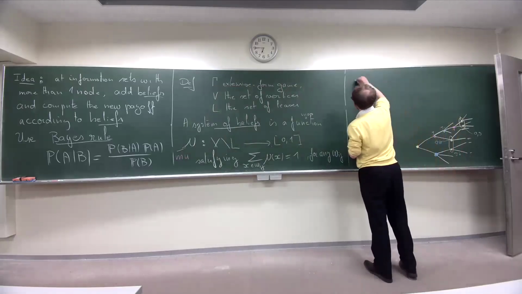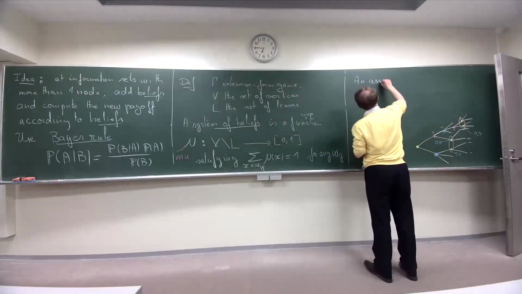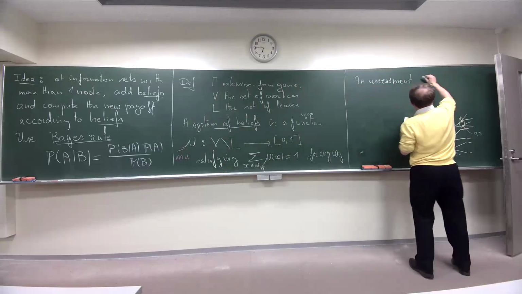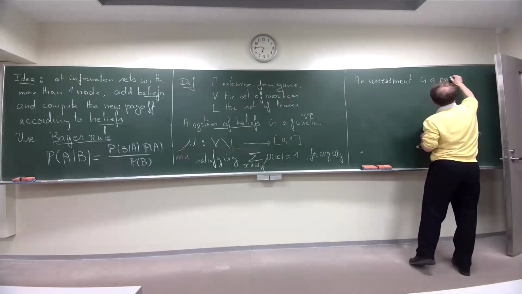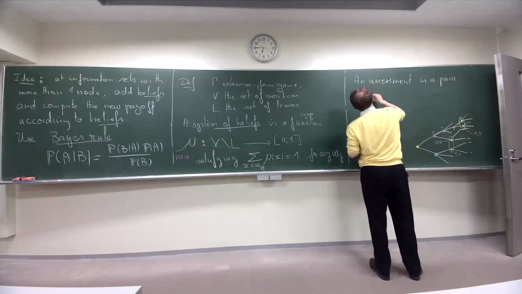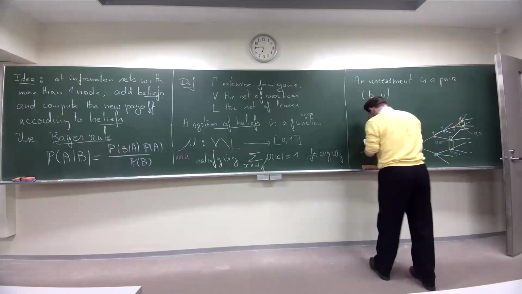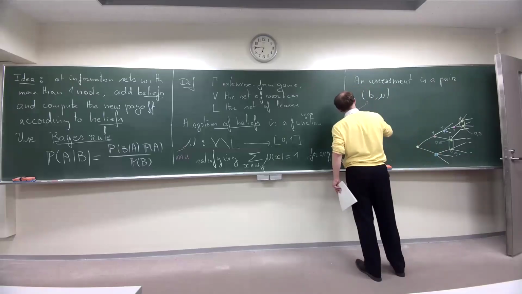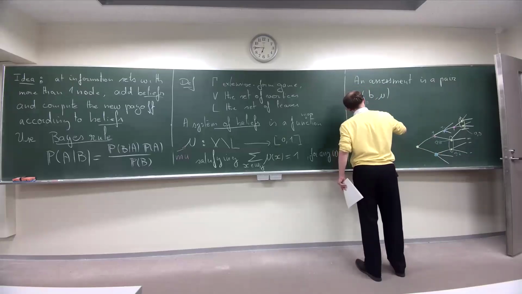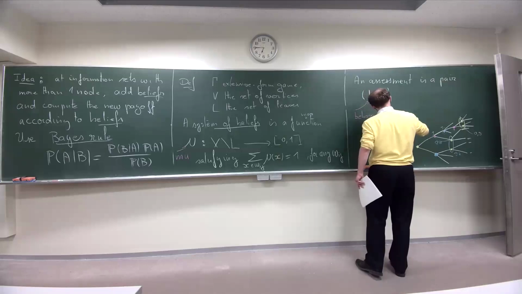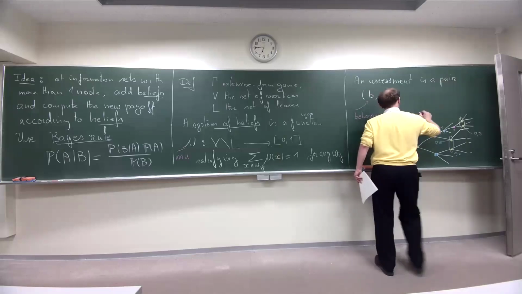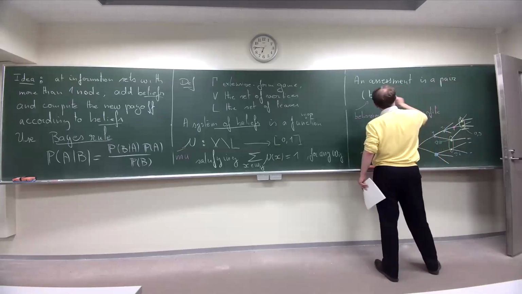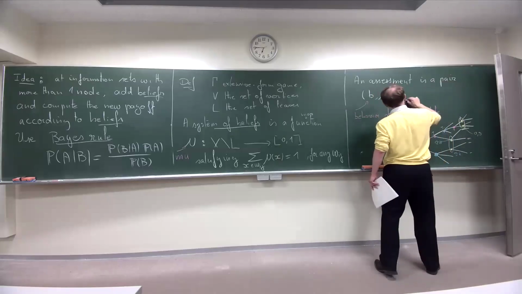And still in the definition, an assessment is a pair where you have B and mu, and B is a behavior strategy profile, and mu is precisely a system of belief.